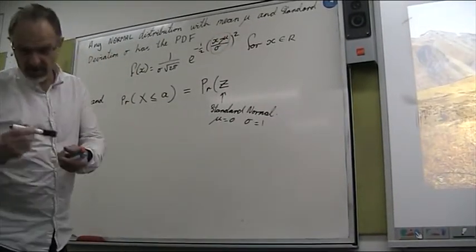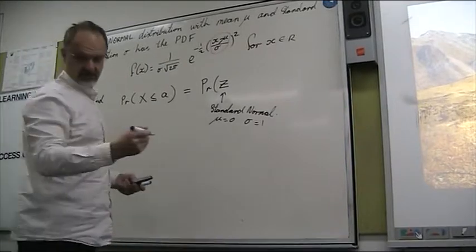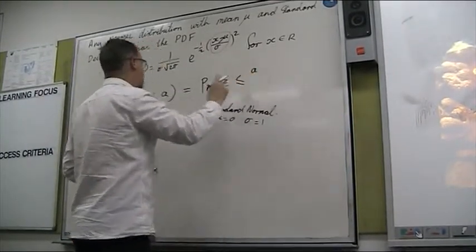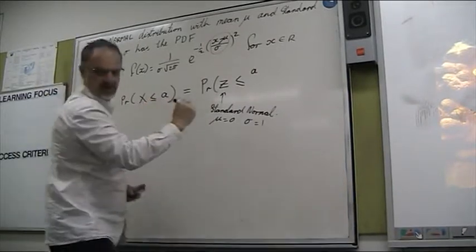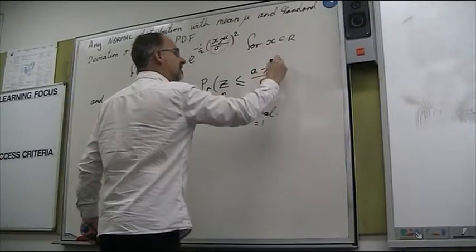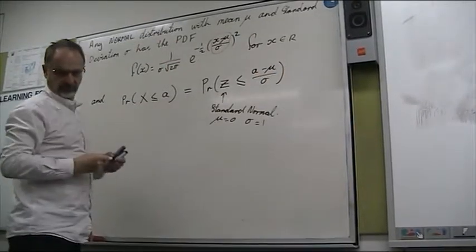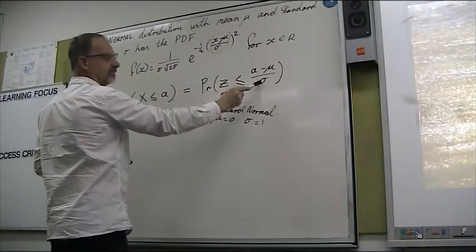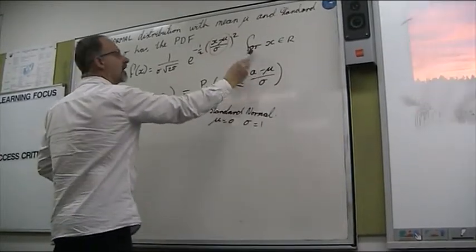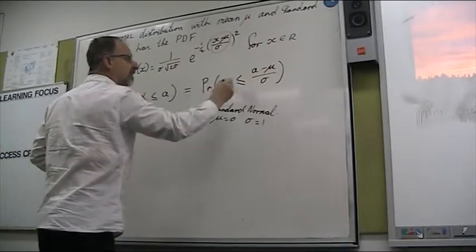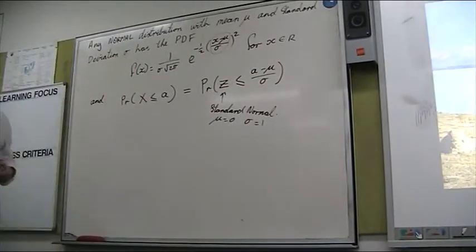So the probability that Z is less than or equal to A, which is this number here, minus the mean over the standard deviation. That changes the X in here to a Z, and then you can use the standard normal.